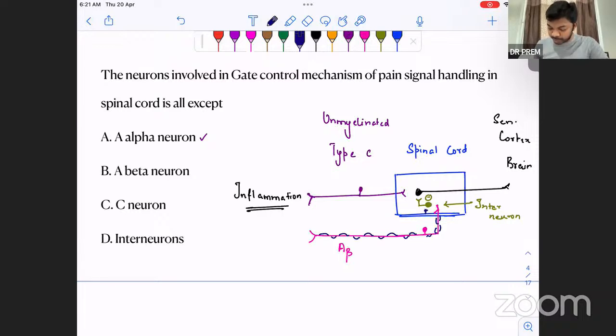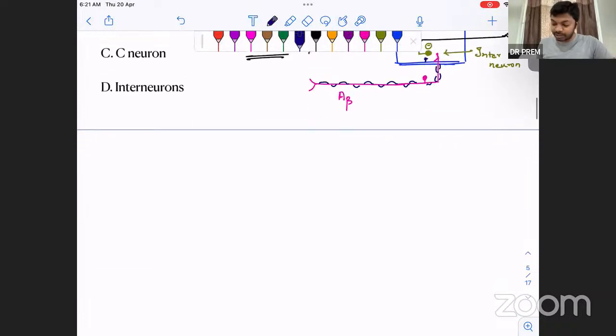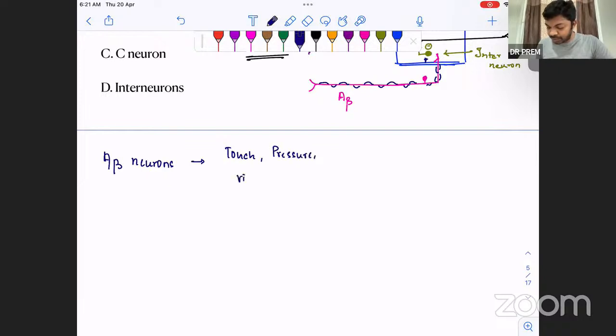That's a very important point, exciting the interneuron. And you guys know very well, what are the stimuli carried by A beta neurons? A beta neurons carry touch, pressure, as well as vibration.